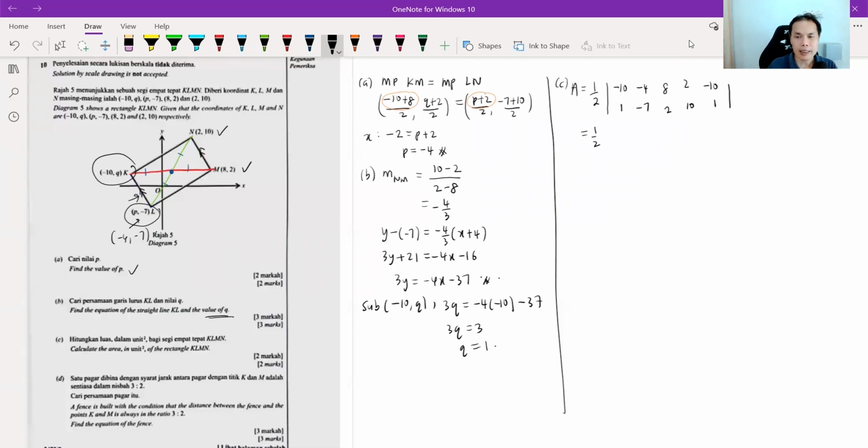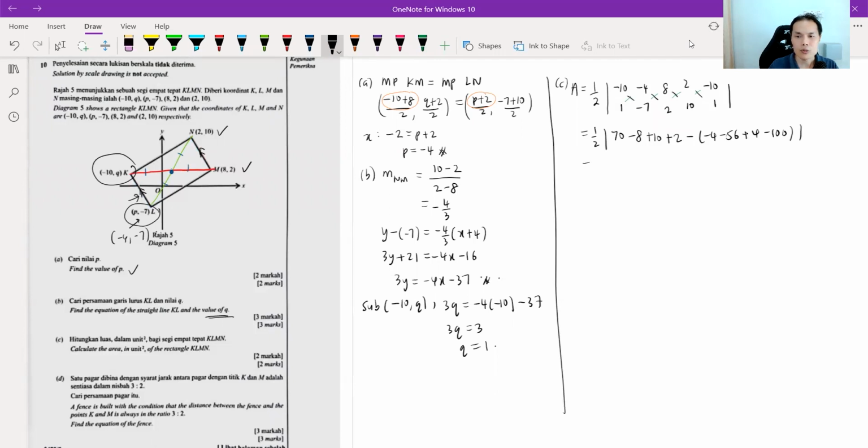Okay, let us multiply downwards. This will be 70. This is minus 8. This is 80. Remember, we multiply downwards, they are all positive. Then you minus, multiply upwards here. Oh, this is actually called the determinant of a matrix. It's a 2 by 5 matrix. So this will be minus 4 minus 56 plus 4 minus 100.